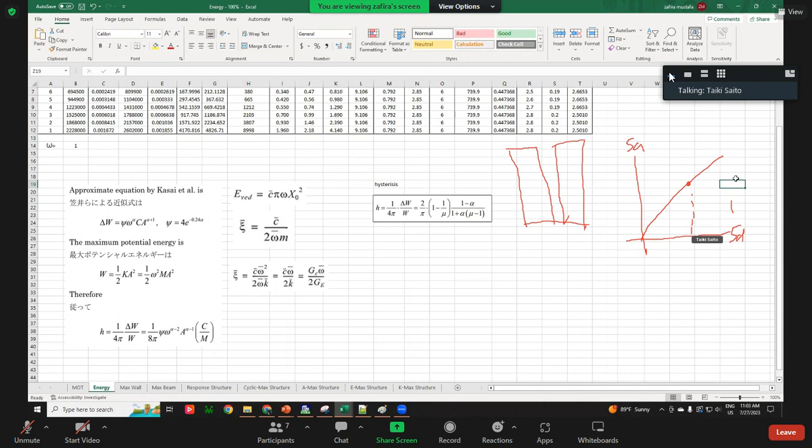And then we get the 1/250 drift ratio. And then we put it inside the Stera 3D. And then we can get the pushover for the 1/250.